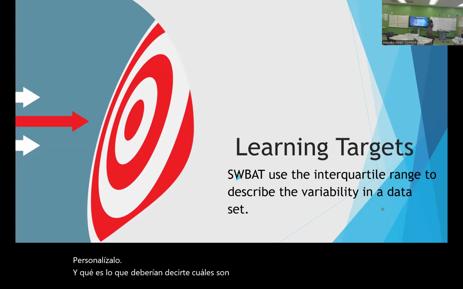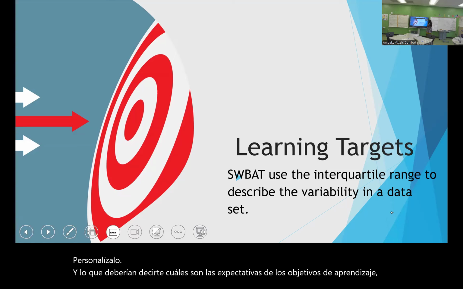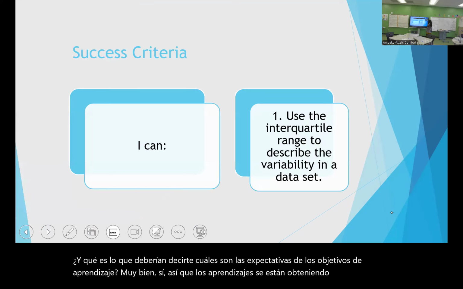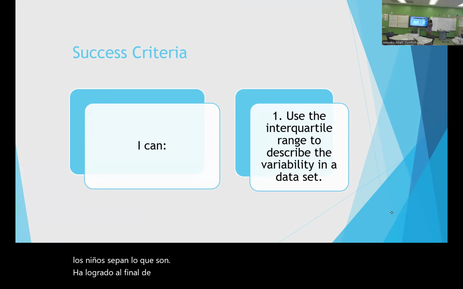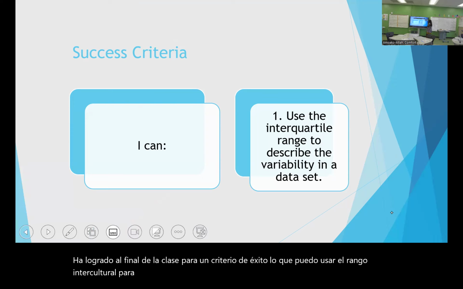The learning target lets the kids know what they have to achieve by the end of the class. Our success criteria: I can use the interquartile range to describe the variability in a data set.